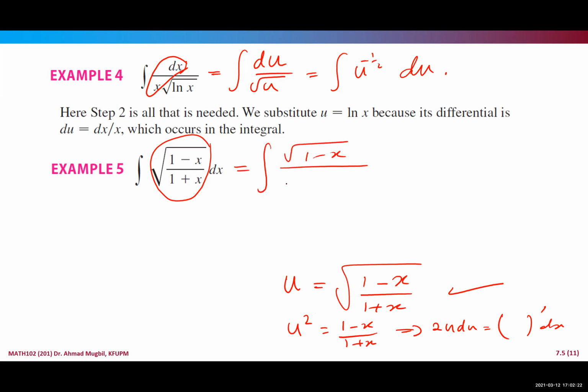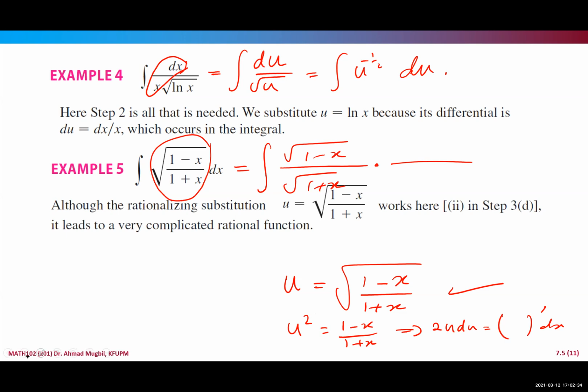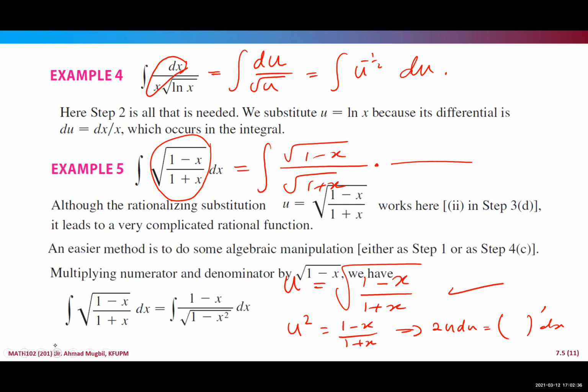So this is the square root of 1 minus x over 1 plus x dx, and you can multiply by the conjugate, or by one of the radicals. So for example, here he multiplied by the square root of 1 minus x, to make the numerator, of course, without a radical. And of course after that you will have an integral like this.